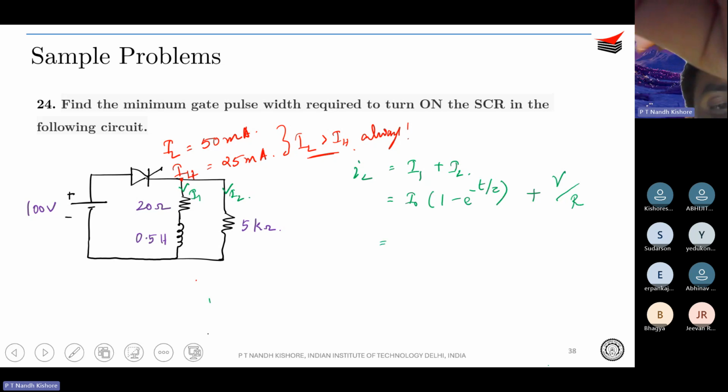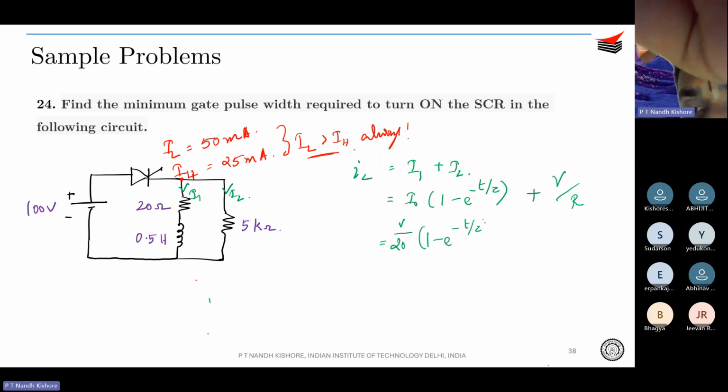So what is I naught? I naught is V by R in this branch, so V by 20 ohms, into 1 minus e power minus t by tau, plus V by R over here, which is 5k. V is 100, of course. So I will write this as 100 by 5k and this is 100 by 20.